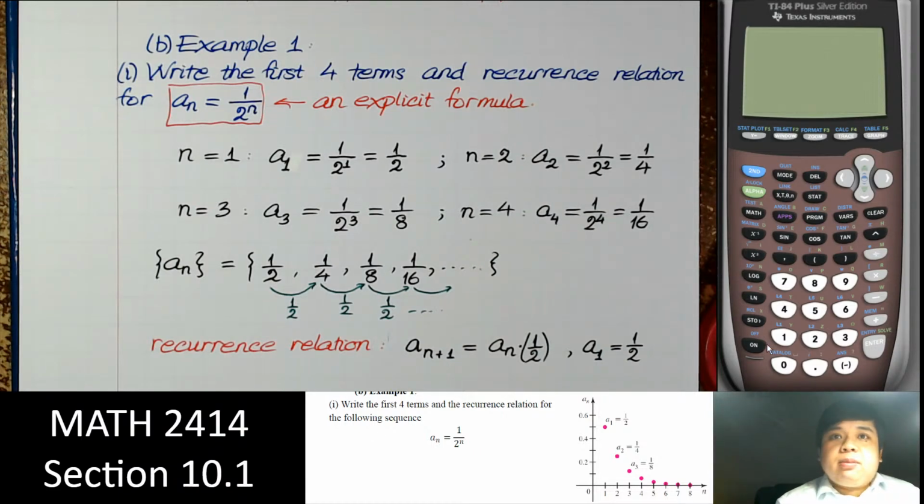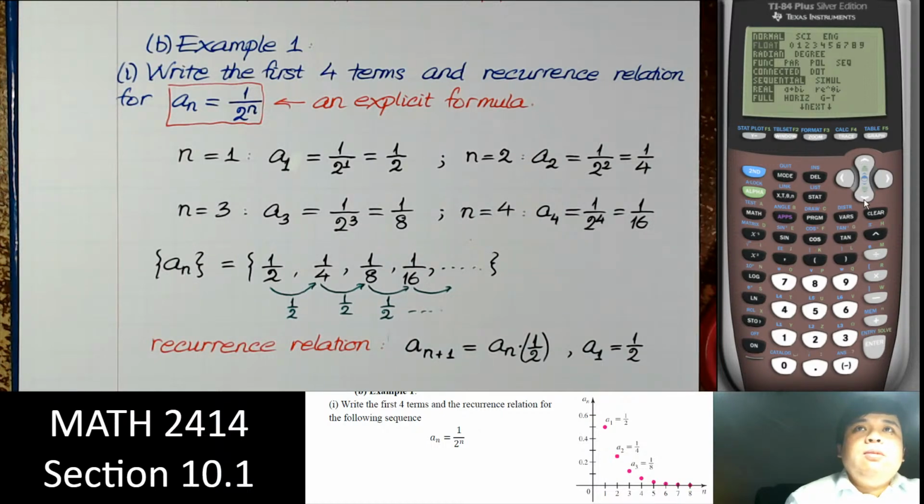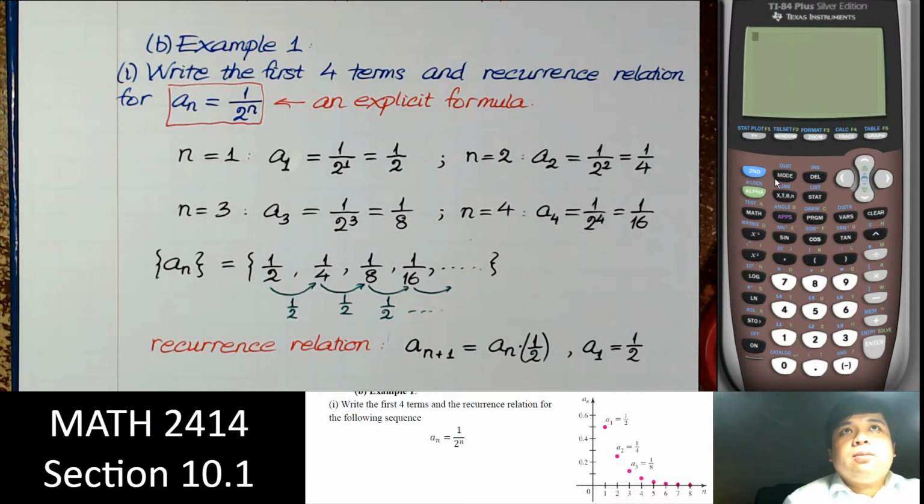By the way, we can enter the sequence using the calculator. So hit mode. Among function, parametric, polar, and sequence, obviously we choose the last one for sequence. So hit mode and choose sequence. Right. Second mode, quit. Right. Now we hit y equals, and then we just enter the sequence.